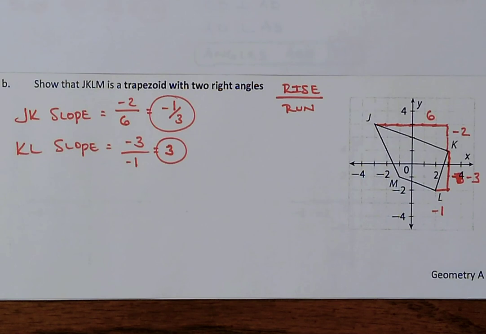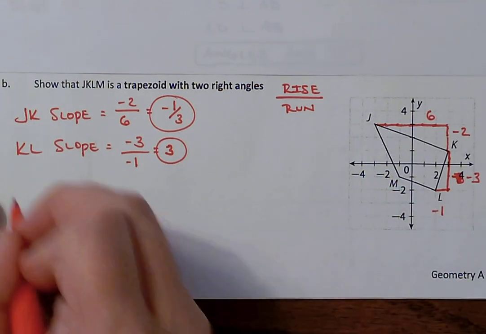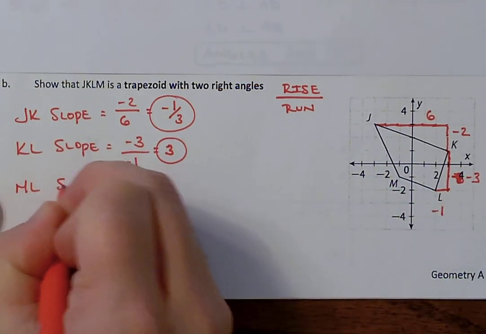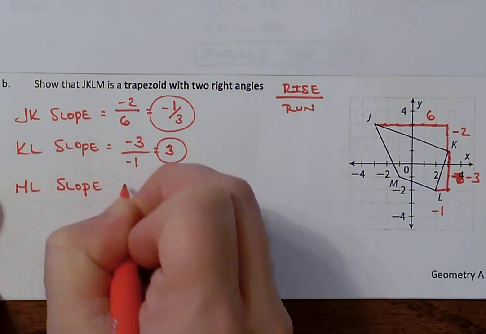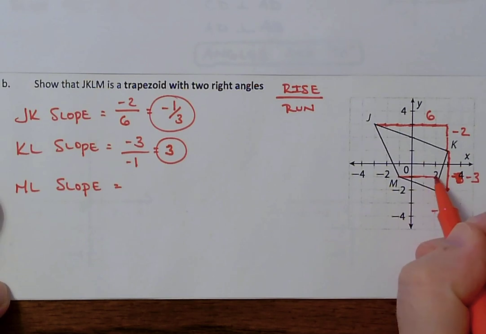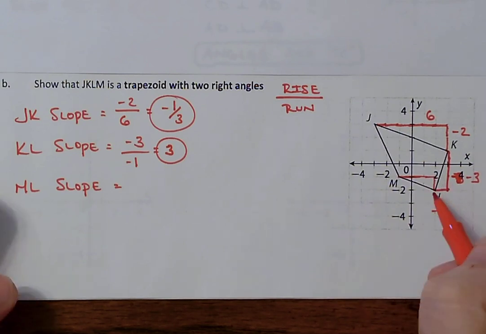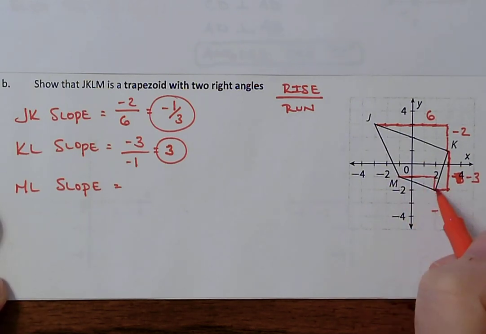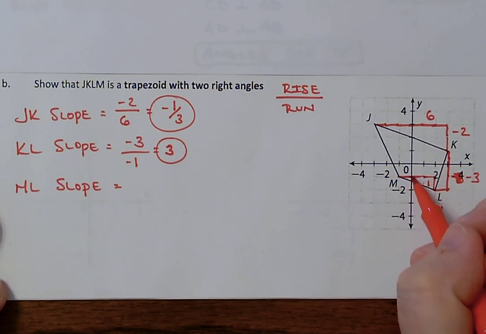All right, last one is ML. So we need to figure out the slope of ML. To go from L to M, we go up 1, and then we go to the left 1, 2, 3.